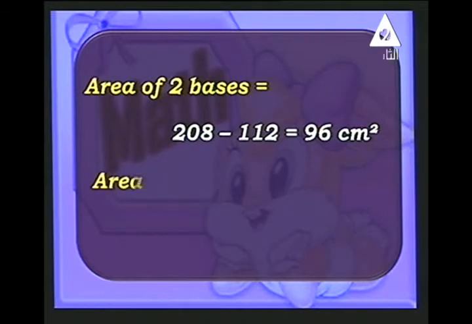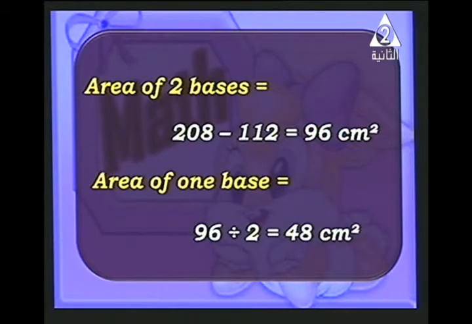Then what about the area of only one base? Yes, it is 96 divided by 2 to obtain a result of 48 centimeters squared, which is the area of one base.